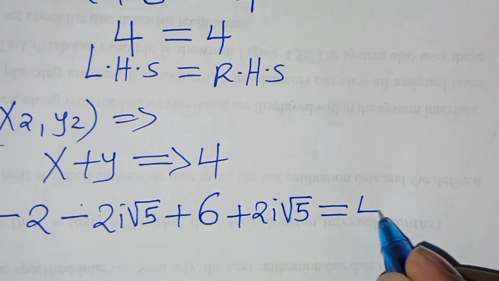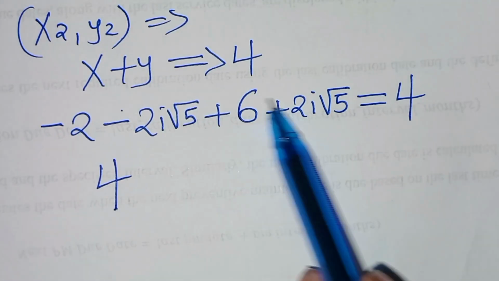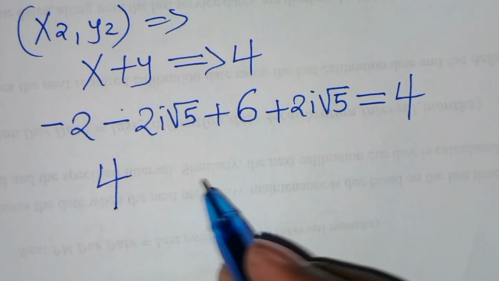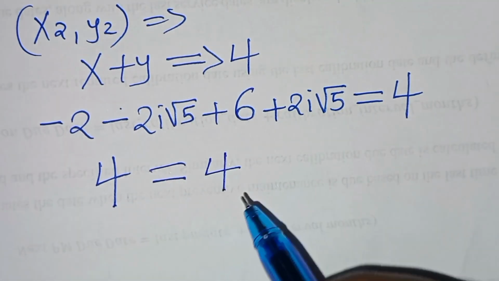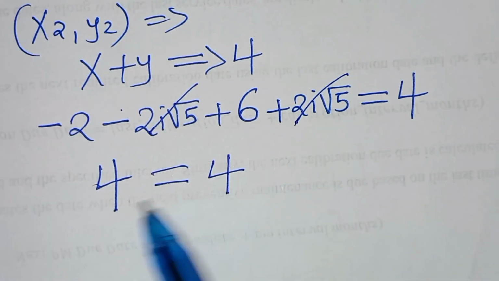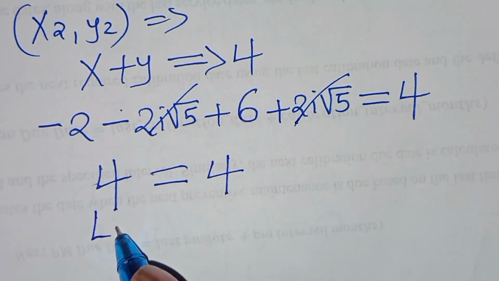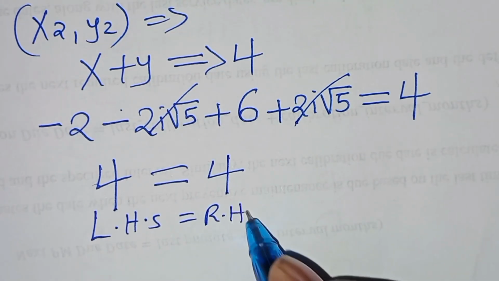This is supposed to give us a value of 4. So here we have minus 2 plus 6. This is equal to 4. Minus 2i plus 2i square root of 5, this simplifies. So 4 is equal to 4, and that implies that the left hand side is equal to the right hand side.